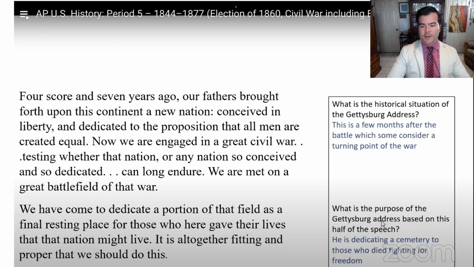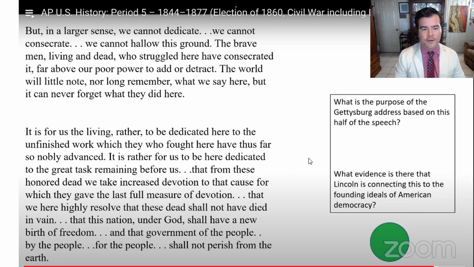And so a few months after the battle, which some consider a turning point of the war, the purpose of the Gettysburg Address is he's dedicating a cemetery to those who died fighting for freedom, right? So he's really propping up the sacrifice and the importance of still fighting the war. A lot of people were getting tired of fighting, but Lincoln's like, we gotta fight it to the end, guys. We can't give up. We can't make a negotiation with the South. We have to have unconditional surrender.